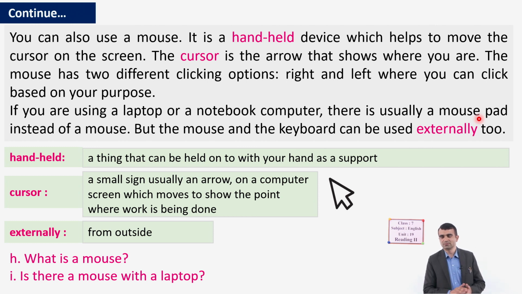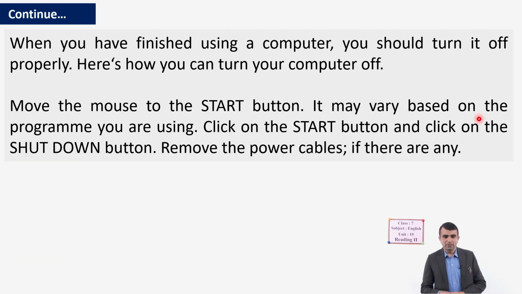Is it so? Good. Now, next one, when you have finished using a computer, you should turn it off properly. Here is how you can turn your computer off. Move the mouse to the start button. It may vary based on the program you are using. Click on the start button and click on the shutdown button.